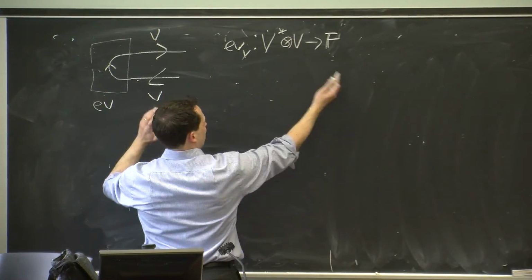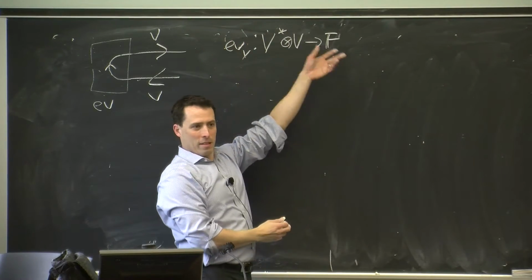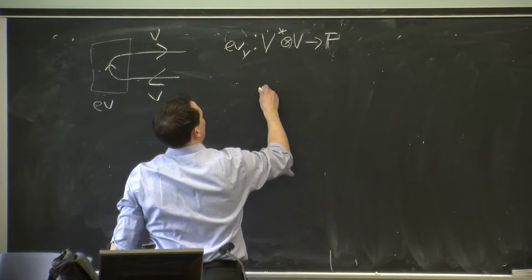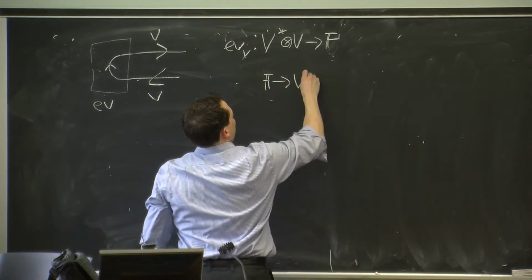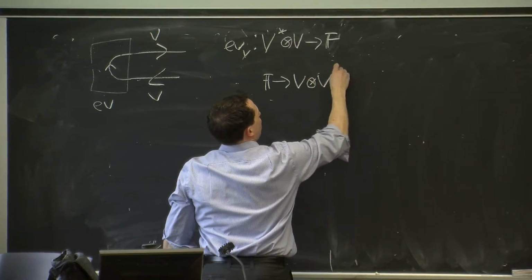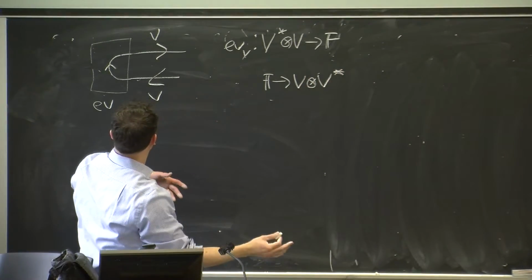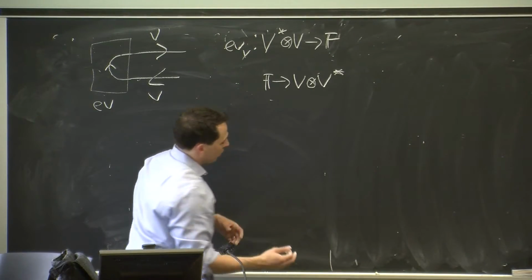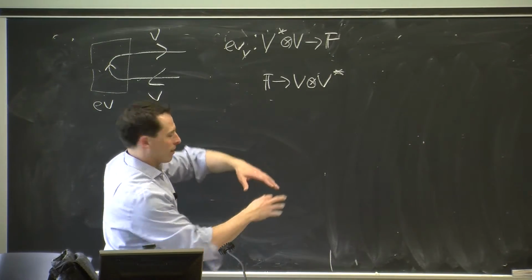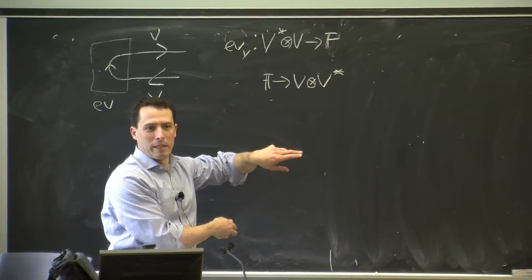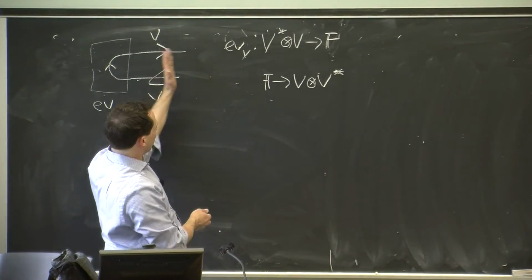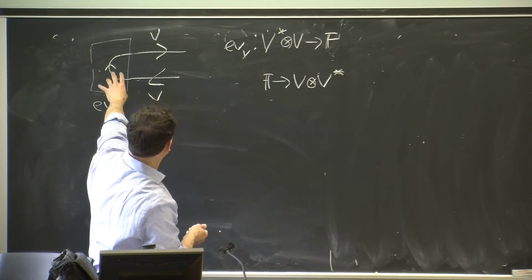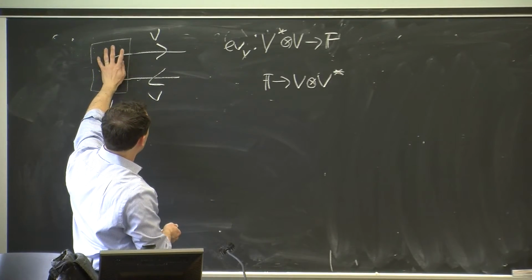There's another map, which is kind of the transpose of this, which goes in the opposite direction. It goes F to V tensor V star. And you could think about that as being like, well, you take a field element, and you just multiply it by the identity matrix, and then you sort of reshape the identity matrix in the right way so that it's a vector instead of a covector, or instead of a linear functional.